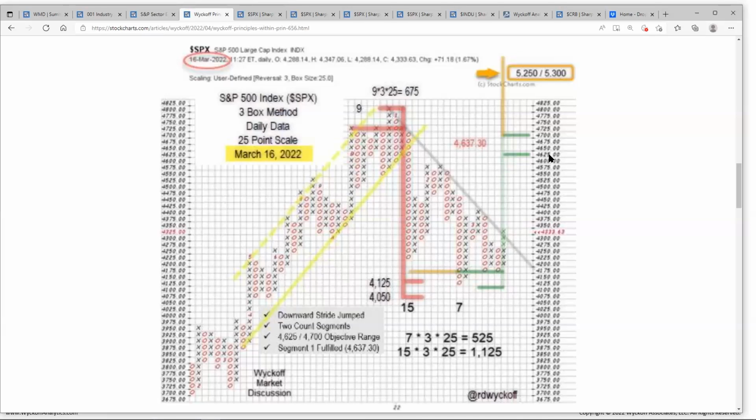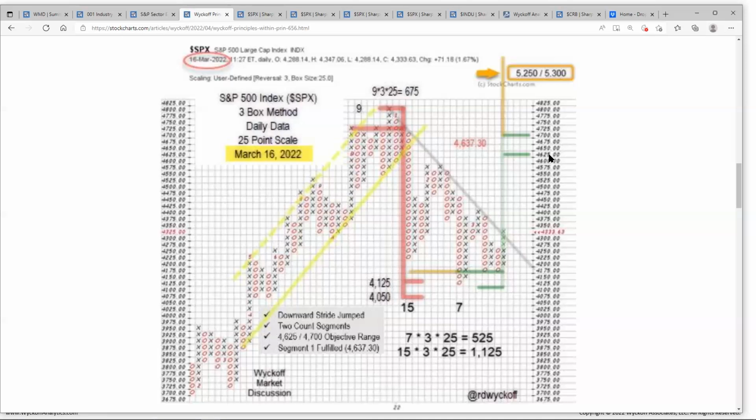It perfectly hit the minimum upside objective of that principle within principle, small accumulation structure, which we could see well on the 2-hour chart, and it gave us a count, and that's exactly where it went. And then after that, we are experiencing market weakness with increasing volatility back into the trading range. This is the way we work our way through markets using the Wyckoff methodology.